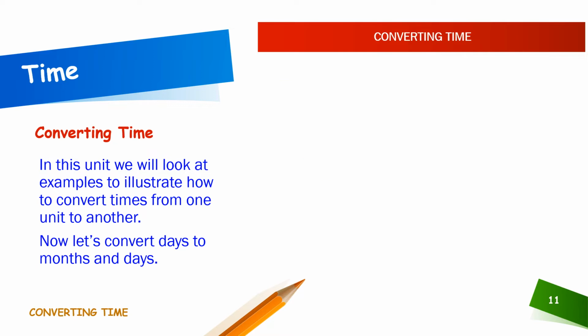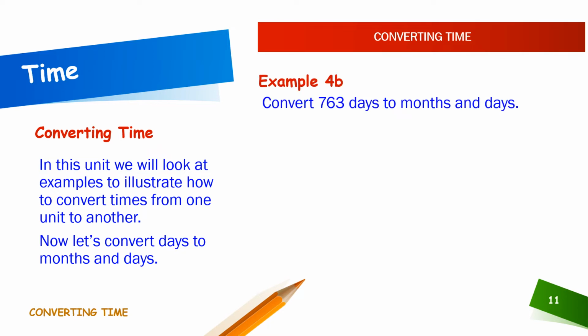Let's now take a look at another example converting days to months and days. Pause the video and have a go. Press play when you're ready to view the solutions. So in this example, we are required to convert 763 days to months and days. So let's solve this. Now 1 day is approximately equal to 1 over 30 months.